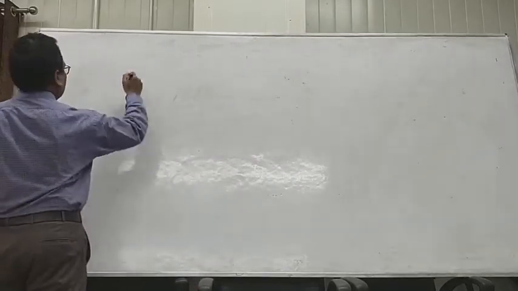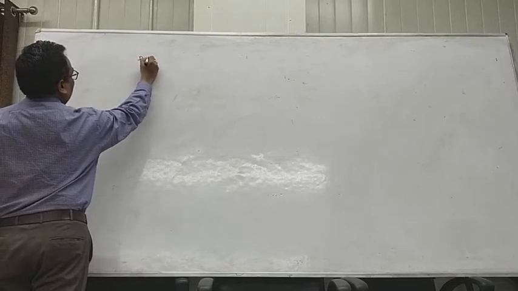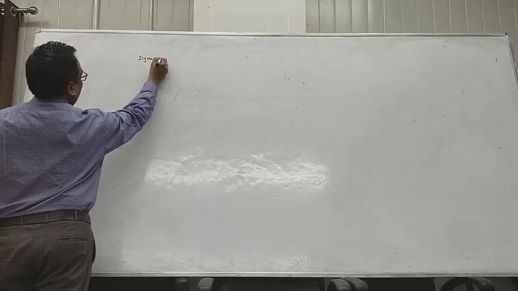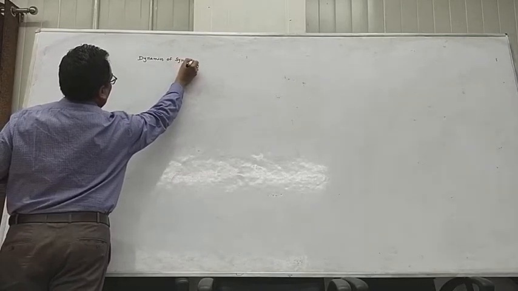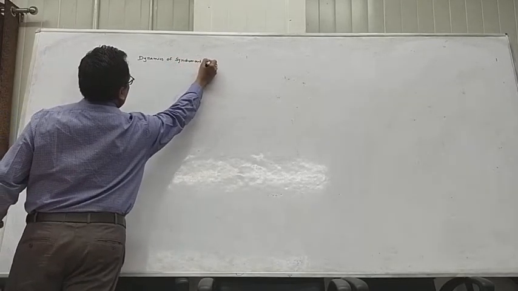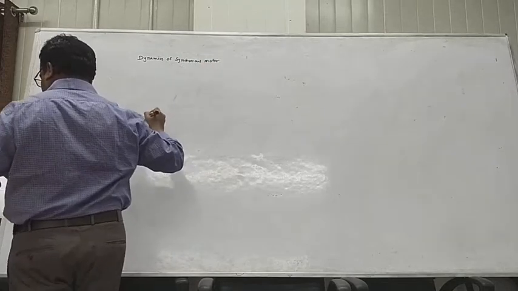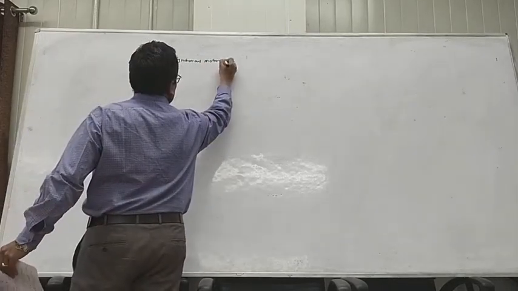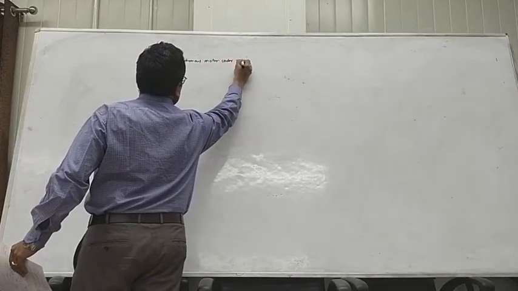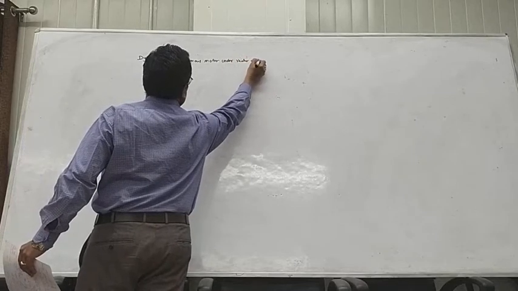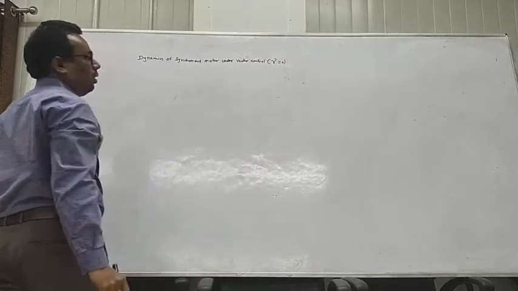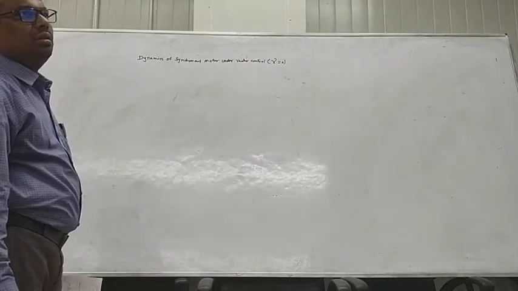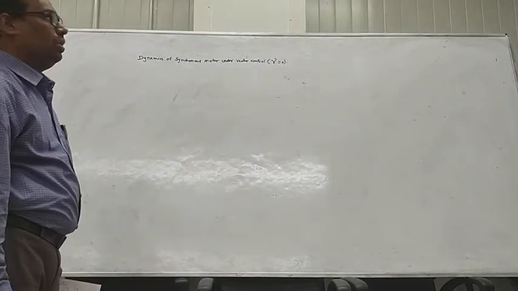Dynamics of synchronous motor under vector control, that is, gamma is equal to 0. When you talk about vector control, the gamma value is equal to 0.